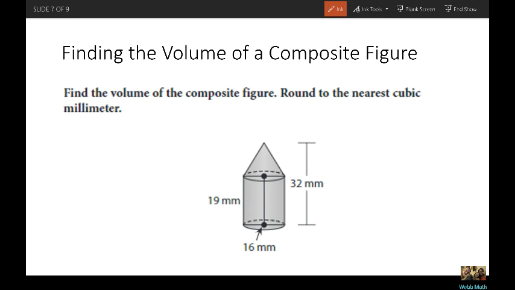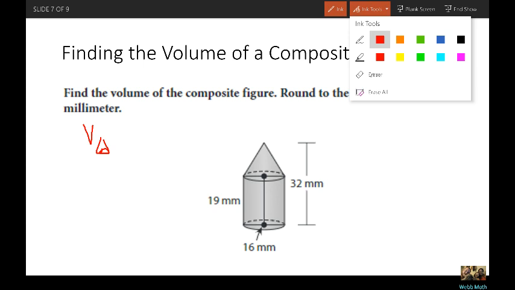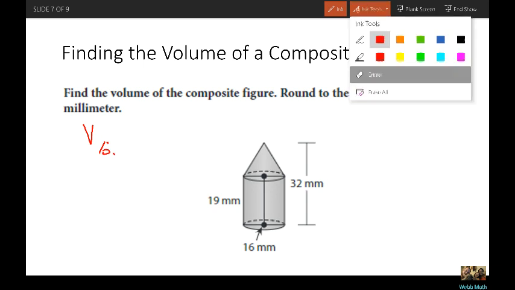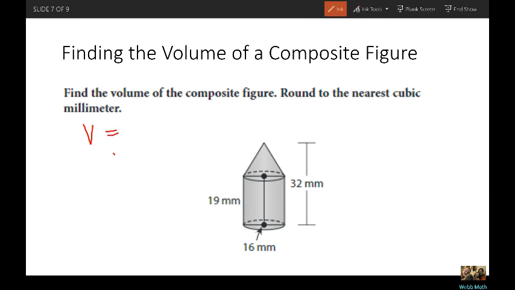First things first, we have the volume of a cone. It's a terrible cone. The volume of the cone is on the left, and it equals 1/3 pi r squared.